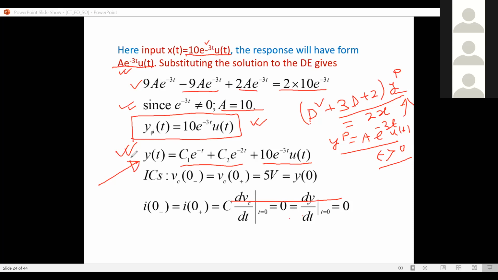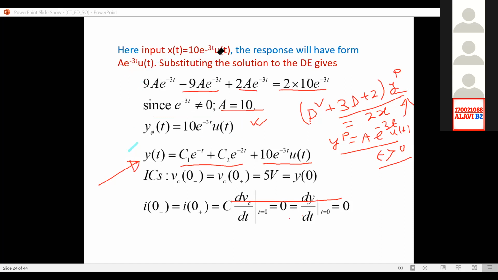Your capacitor voltage is given, then you have to calculate the inductor current. Your inductor current is equal to the capacitor current, so that will be equal to C dVc by dt at t equal to 0. You know how to determine it. Consult chapter 8 of Alexander Sadiku's book to find the initial values of an electrical circuit.